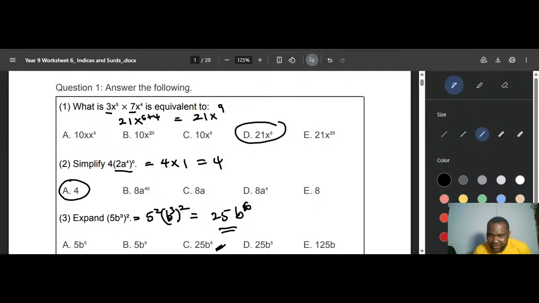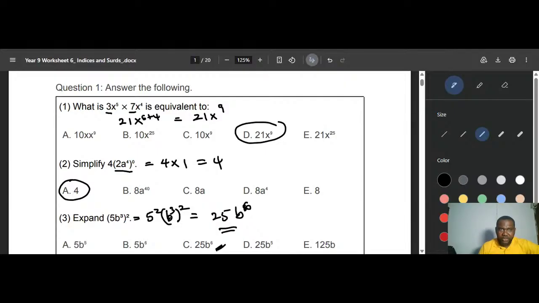Who is okay? 2/3, good. Okay, so that's it.